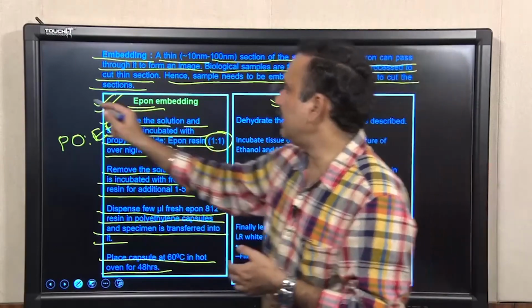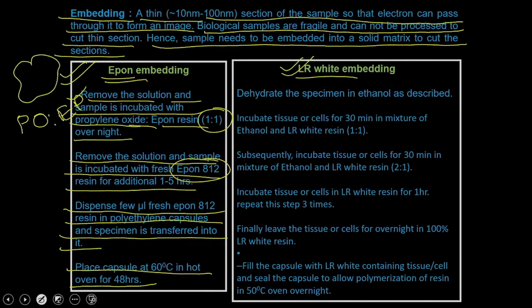You can imagine that if I have a cell with a mitochondria, a chloroplast and a nucleus, all this material is now being replaced by alcohol because you are doing the dehydration steps. So, you put this into a mixture of propylene oxide and epoxy resin, and all this alcohol is replaced by the epoxy, so that you are providing strength to the sample, not from outside, but from inside as well.